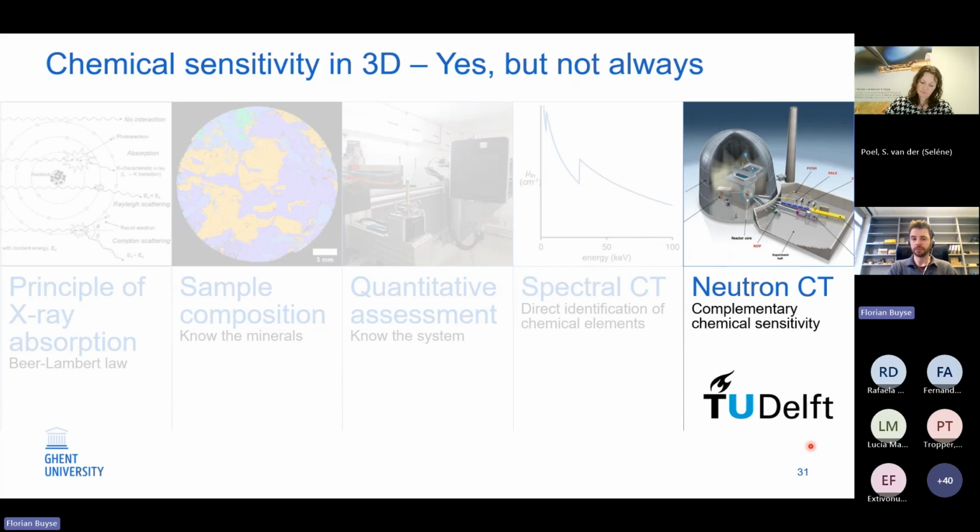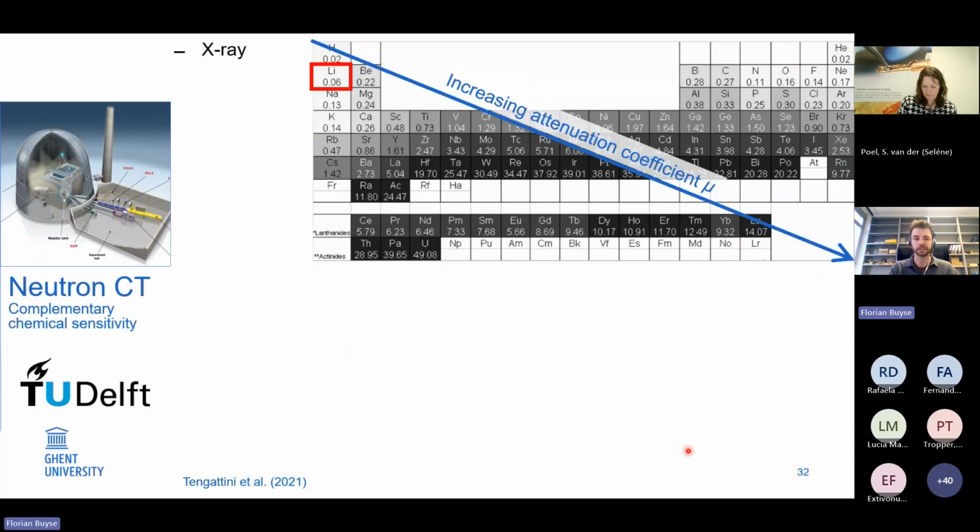Another thing, of course, we can only use X-ray CT, but it's often of interest to complement it with other techniques. And what I'm using right now is a combination with neutron CT at the facility of TU Delft, which is also a lab-based neutron CT lab where they do this type of analysis.